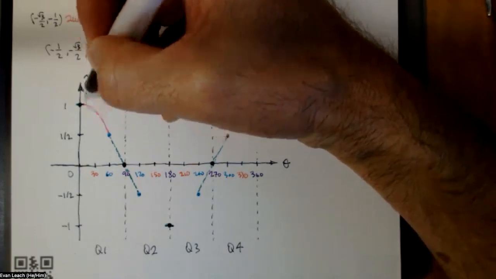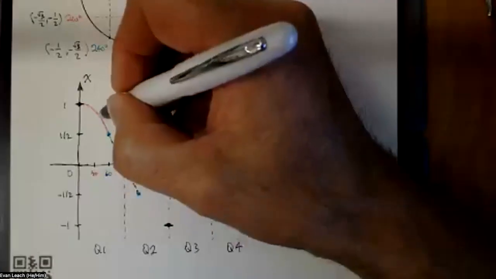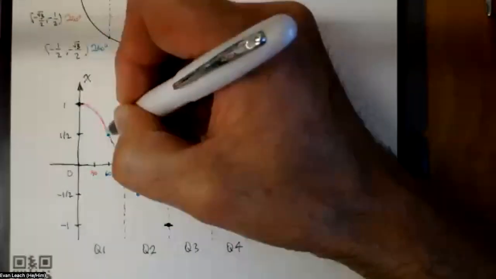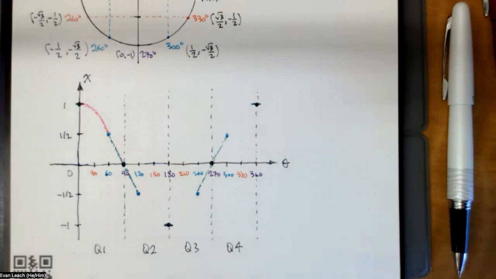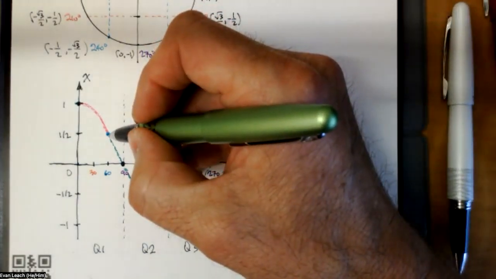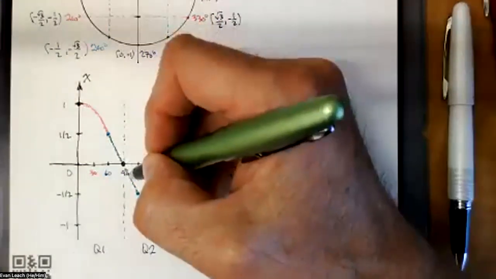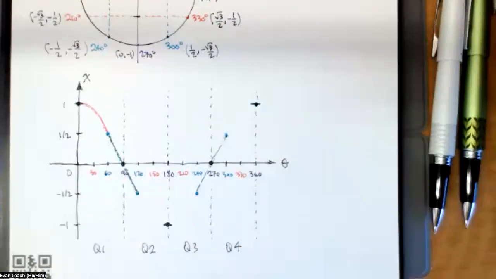It lands at the same point and it's going in the same direction. That's what we want. So I don't want a little corner here. Start off flat, bend it so that it lands at the same point and it's going in the same direction.